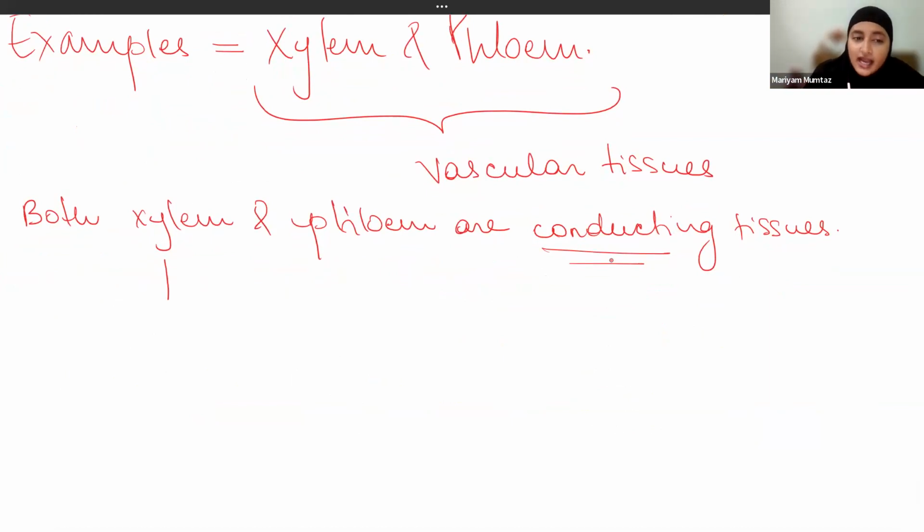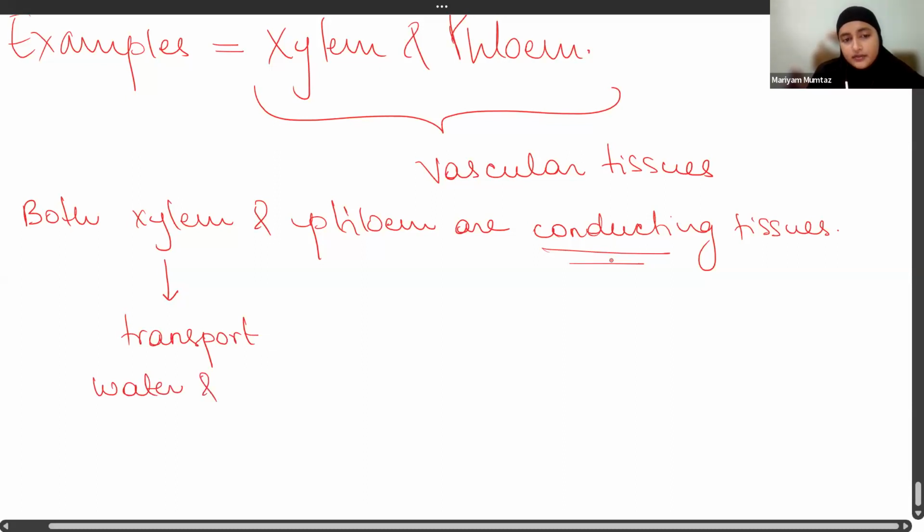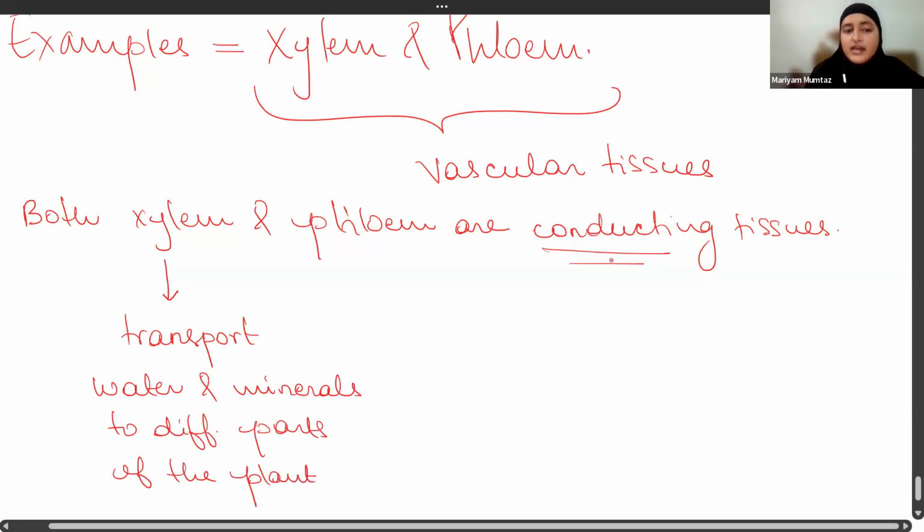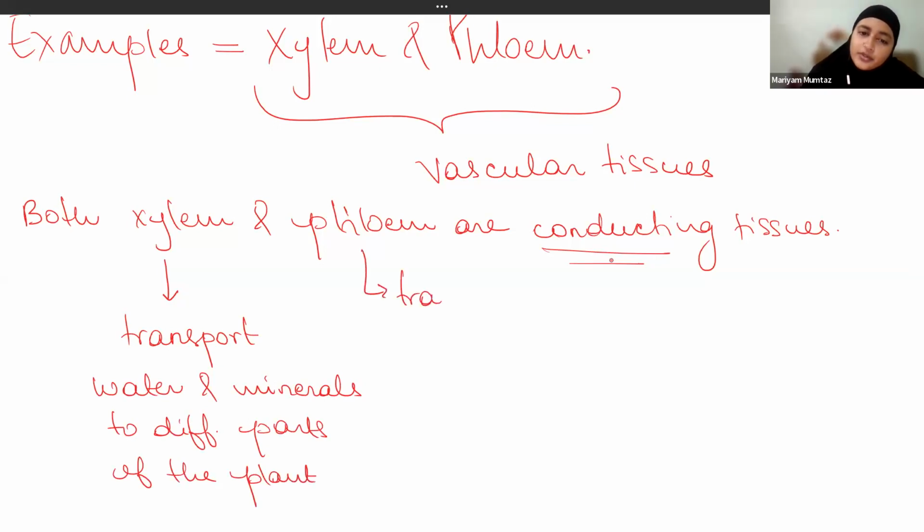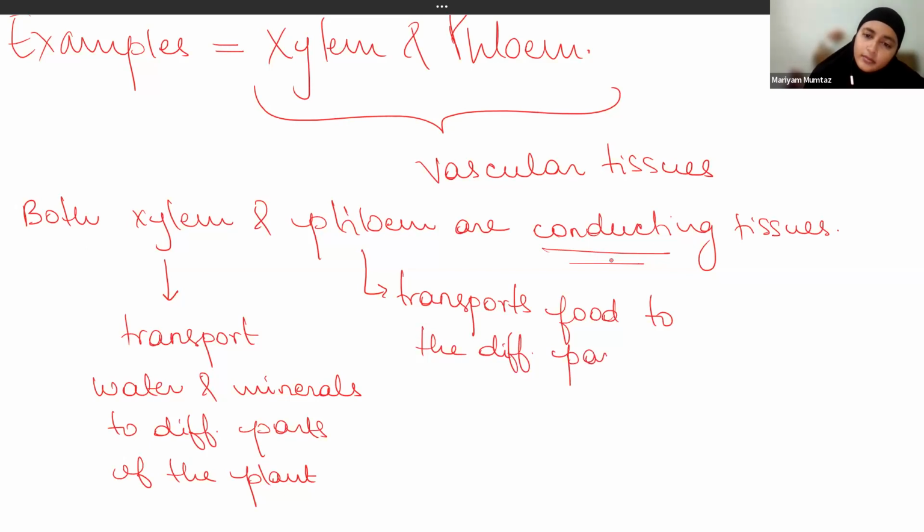If we are talking about the xylem, they transport water and minerals to different parts of the plant, whereas the phloem transports food to the different parts of the plant.